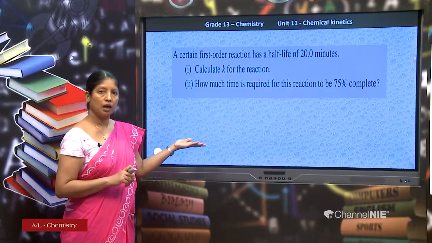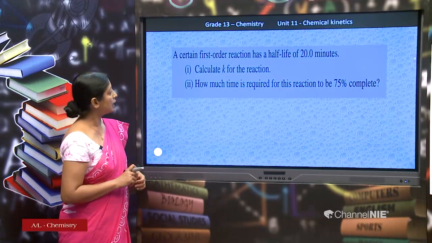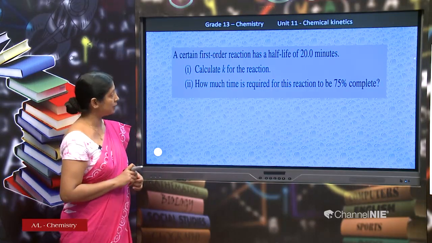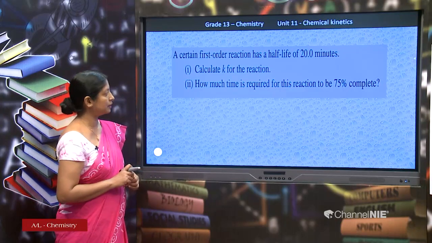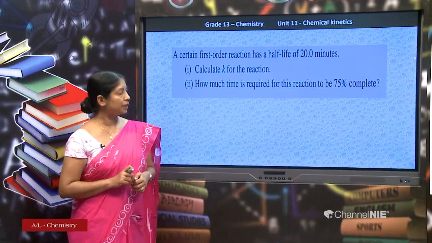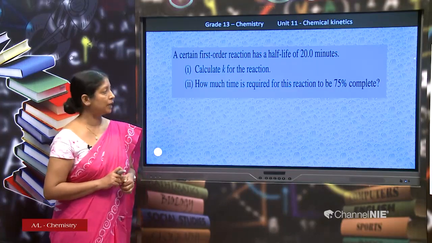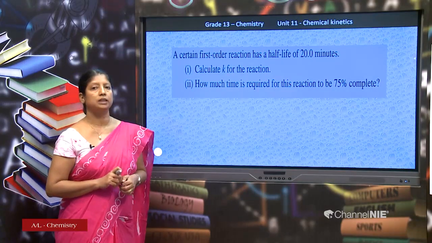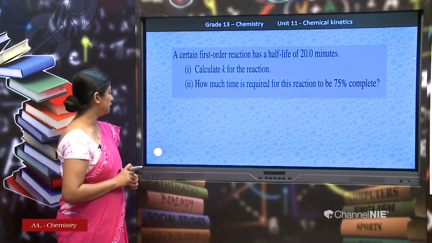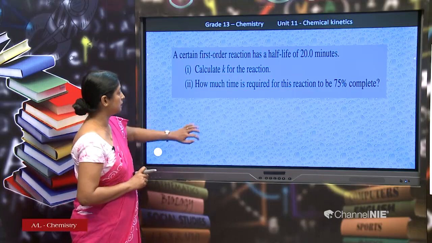Calculate the rate constant K. In the second part, you are asked to find the time required to complete the reaction by 75%. Let us see how we do this.